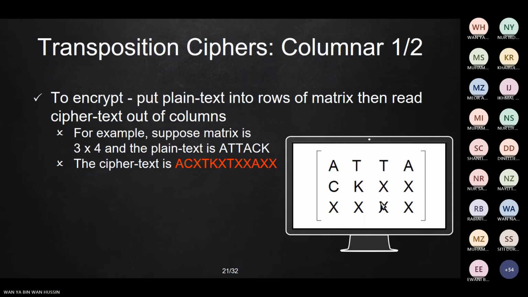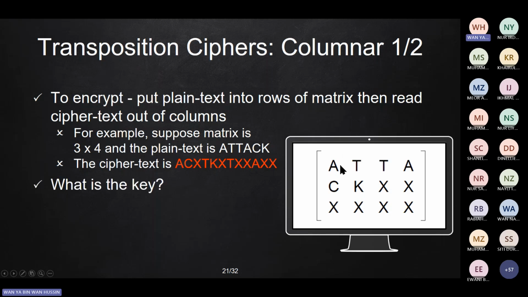And then you read vertically: ACX, TXX, TXX, A double X. You will have this. This is your ciphertext.